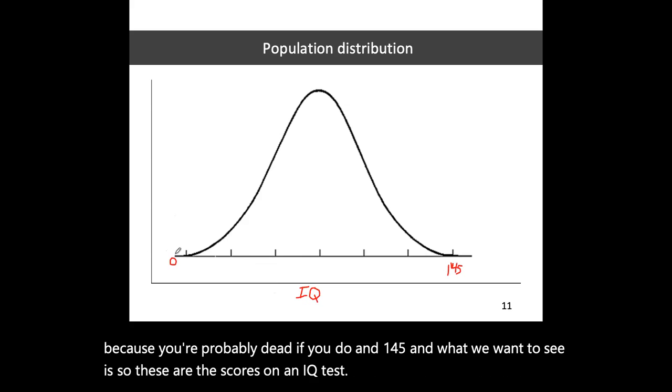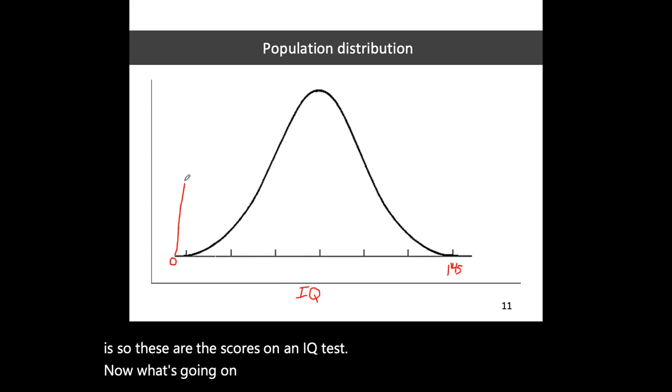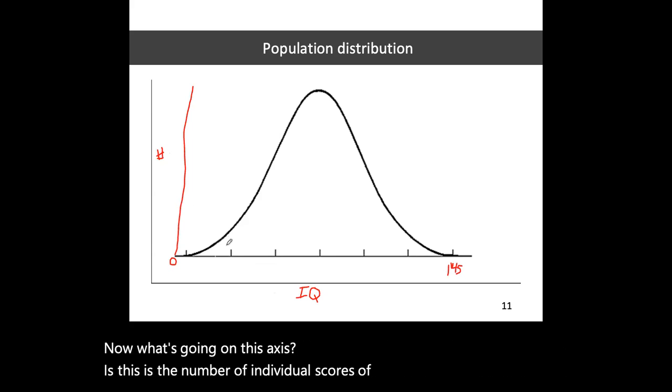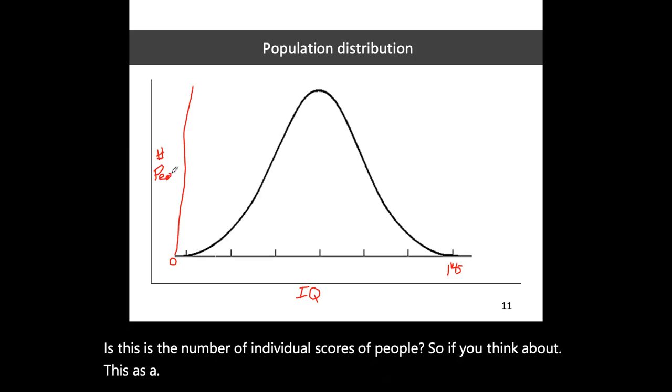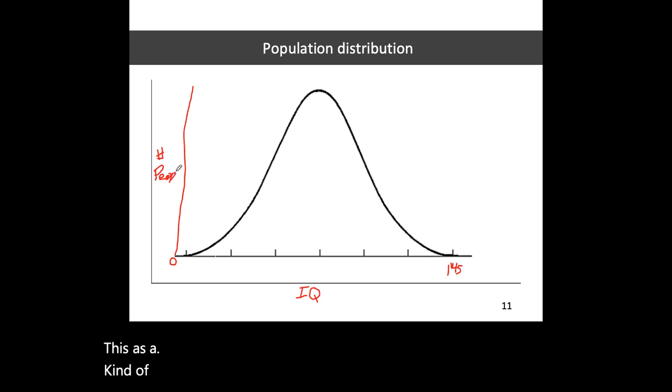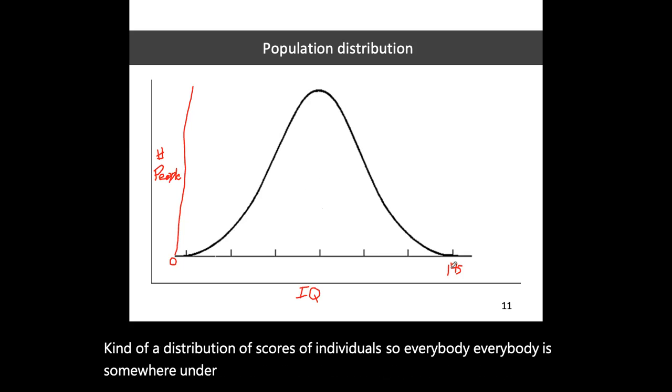Now, what's going on this axis is the number of individual scores of people. So if you think about this as a distribution of scores of individuals, everybody is somewhere under this bell curve that we've sampled.